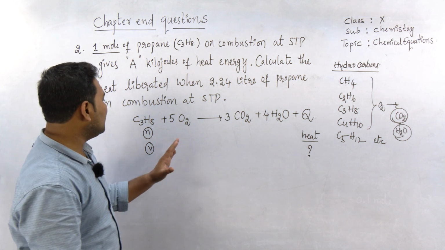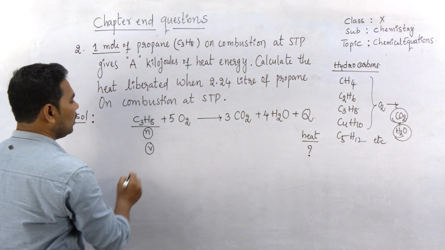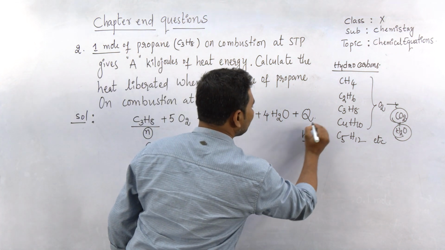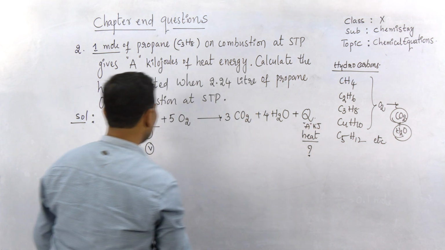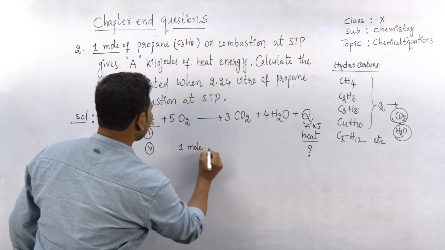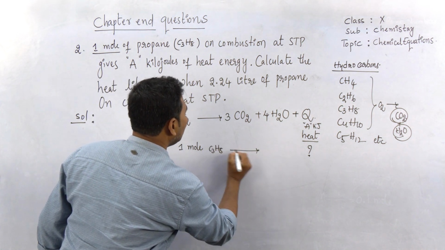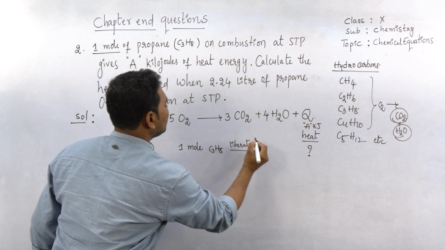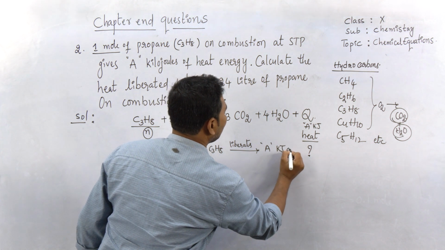Now let us see first from the balanced equation. C3H8, 1 mole produces how much heat energy? The amount of heat energy produced here is A kilojoules. It is given in the question. So we write here 1 mole propane, C3H8, liberates A kilojoules of heat.